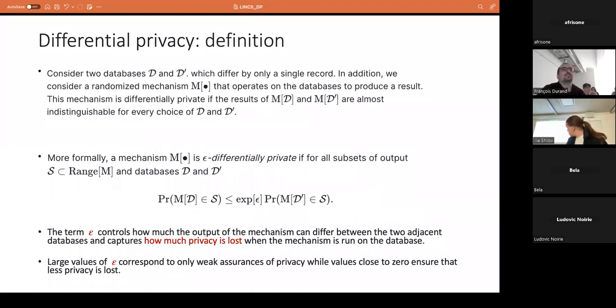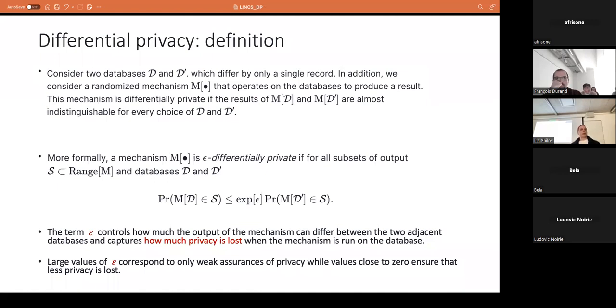So what is epsilon? What is differential privacy, and what is the mechanism itself? It's a formal definition in which we consider two data sets that differ at most by one entry. We apply some mechanism, a randomized mechanism to be more precise, and we obtain some output. This output could be basically anything.